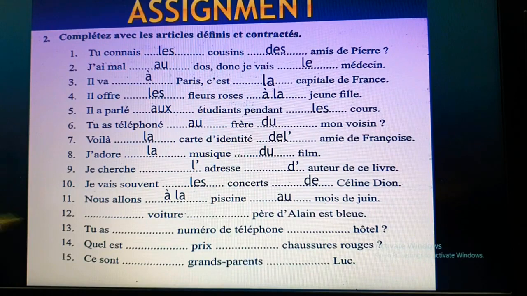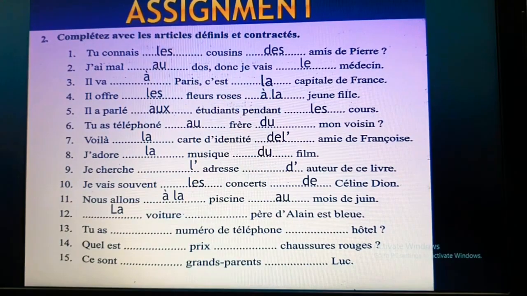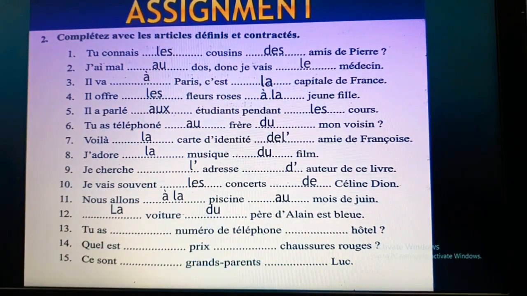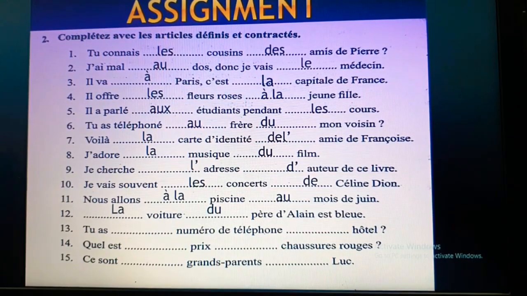So in this sentence also we are using article contracté in both the fill-ups. Okay, dash voiture dash père d'Alain est bleue. La voiture, the car of Alain's father is blue.